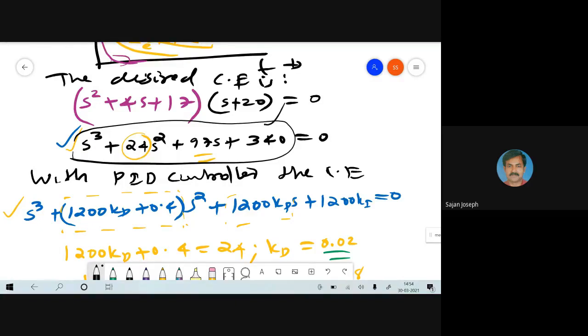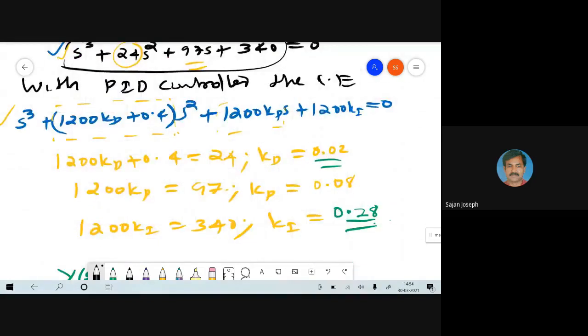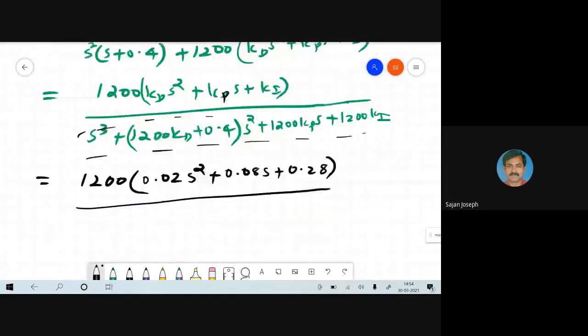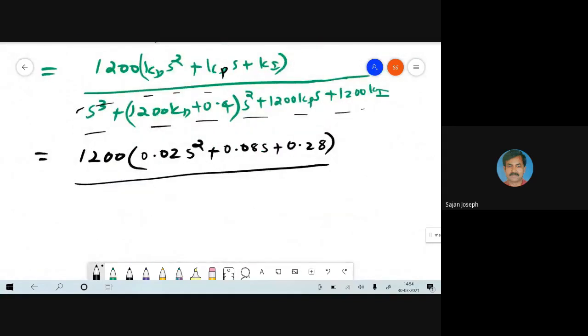So this will be that: S cube plus 24S square plus 97S plus 340. Or else we can also find it out by making replacements.